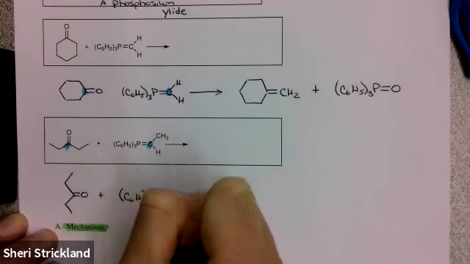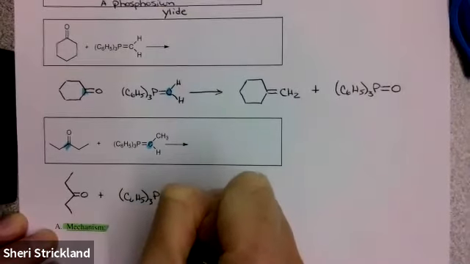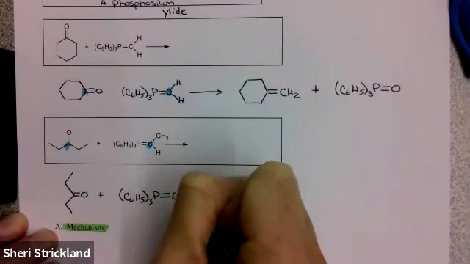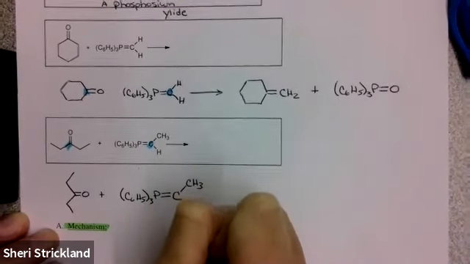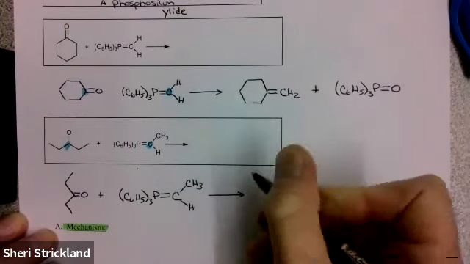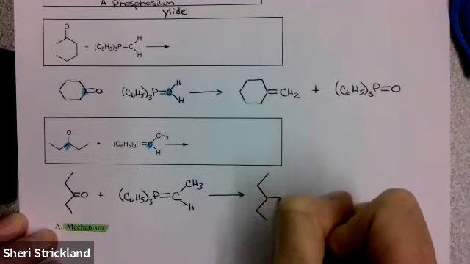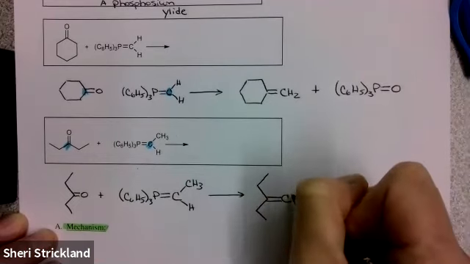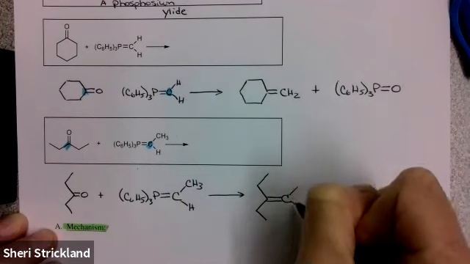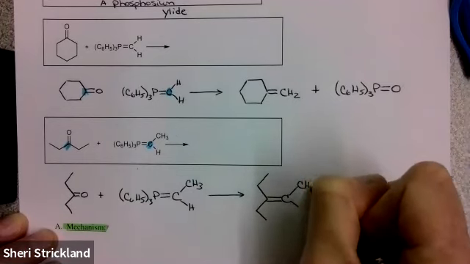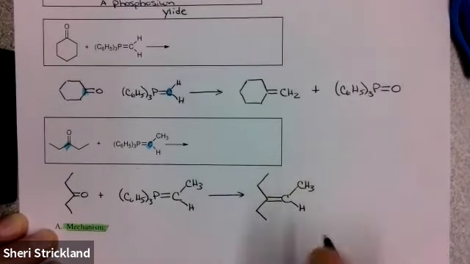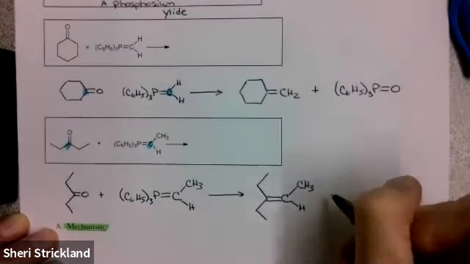All right, so here's our ylide, and in this case, the carbon has a methyl group and a hydrogen attached to it. So when we're done, the double bond is here, and you can draw it like this if you wish to just keep the pieces looking the same.